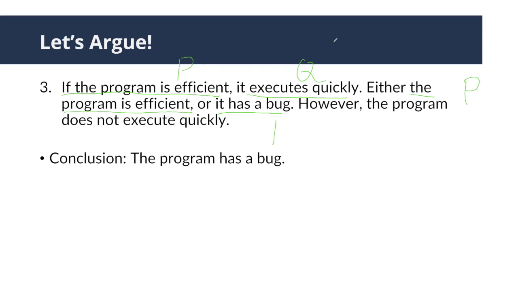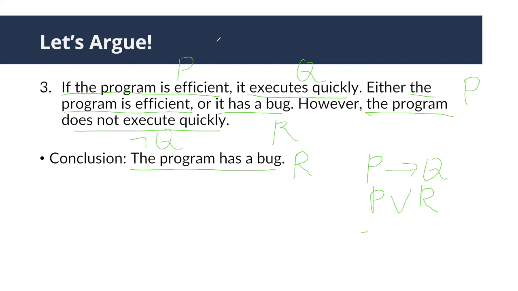Let's use R. And this one, it's not Q. And the conclusion is R. To summarize, the premises we have are P implies Q, P or R, and last one, not Q.